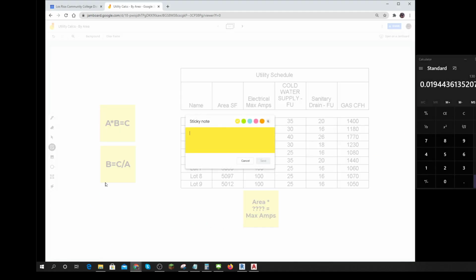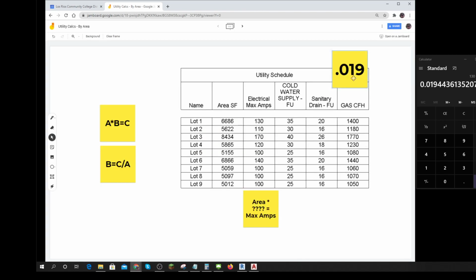So I got 0.019. That's one of the numbers I got. Let's try my next one. Max amps divided by the area. 110 divided by 5622, and I'm just working, 0.019.